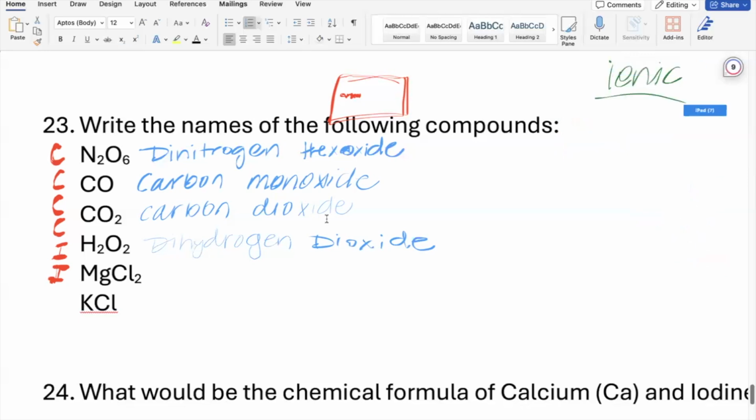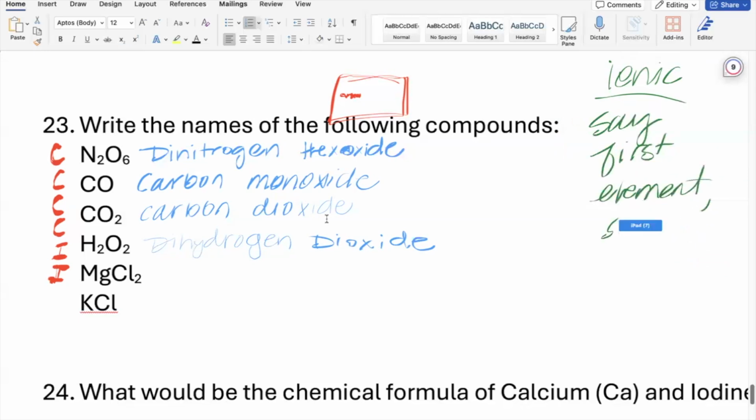You just ignore the little numbers, right? And you just say the first element and then the second element with the ending "ide," which is what we were already doing with our covalent. But we were saying we were giving the little numbers prefixes. So our second element ends in "ide."